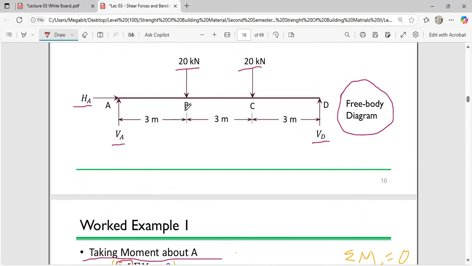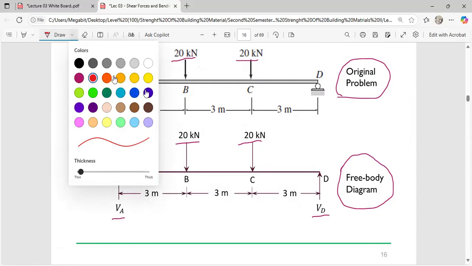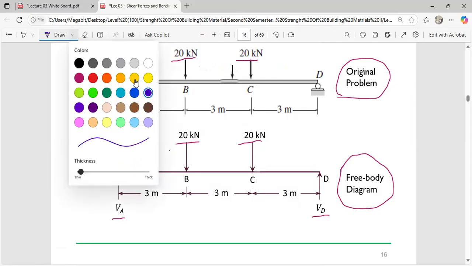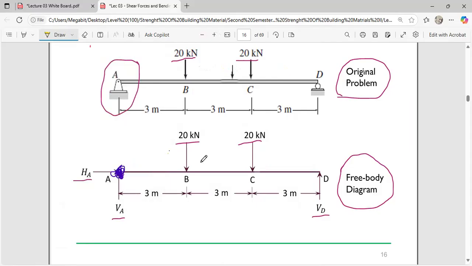So from there, we are still at our origin. Our A is still assumed to be our origin. We have already taken the moment at B. What we're going to do, we are still going to stand at A and open our compass to C and then follow the direction. If you stand over here and open your compass to here, you know that a distance of 6 meters has been covered.